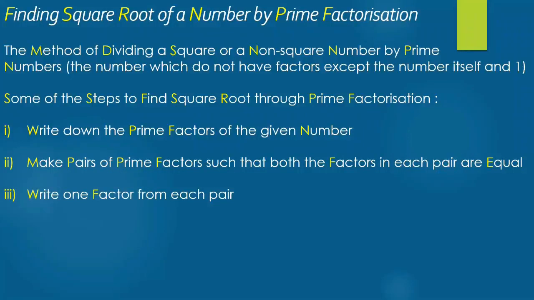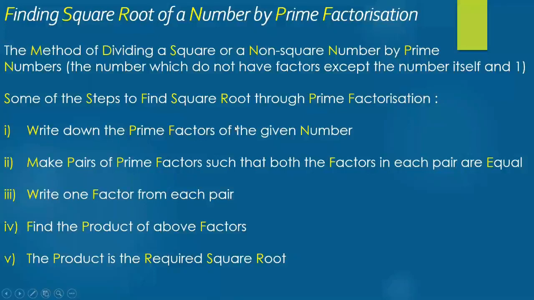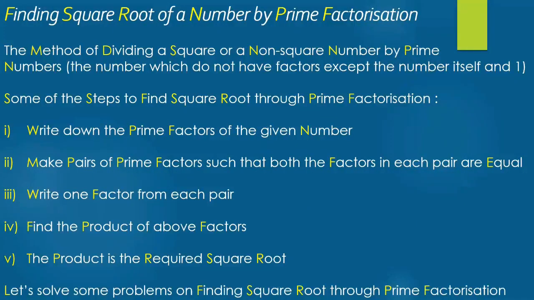For example, if you have 2 into 2, then derive it as 2. And then find the product of the above factors. The product is the required square root. It may be confusing, so to make it easy, let's solve some sums on finding square root through prime factorization.